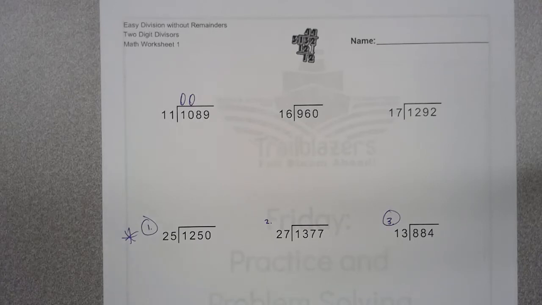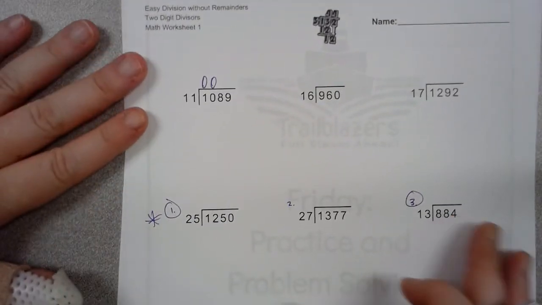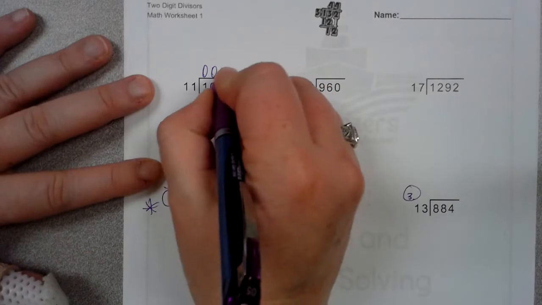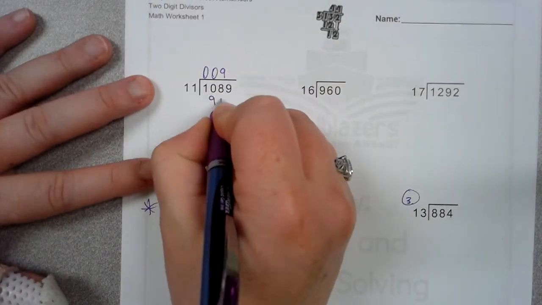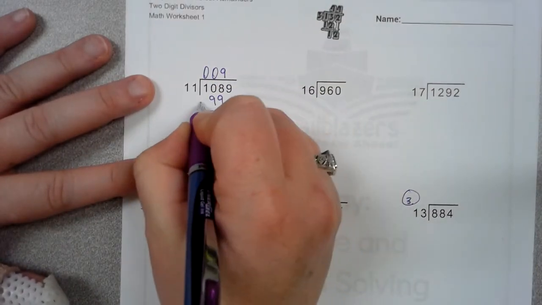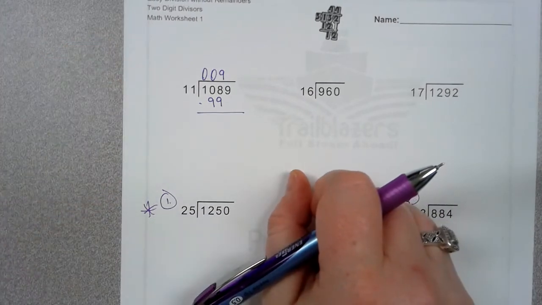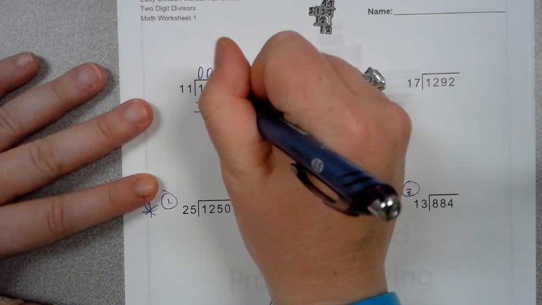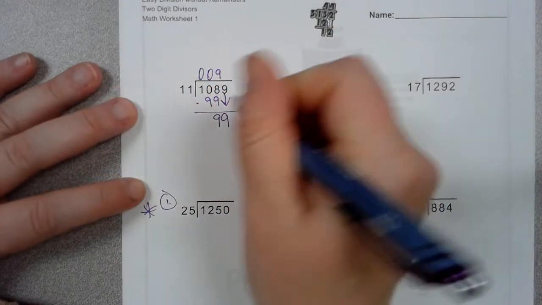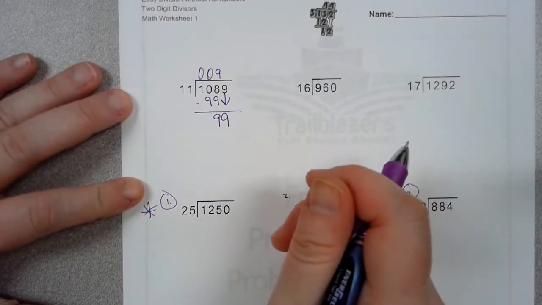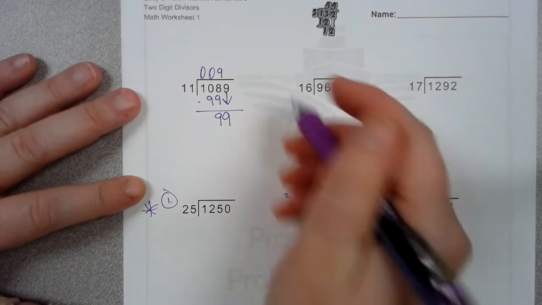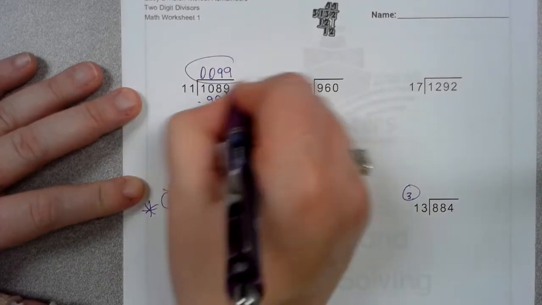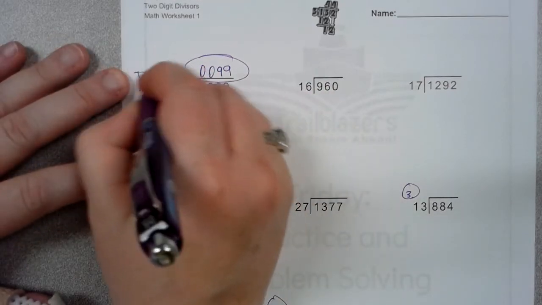So that's too big. So 11 times 9 is 99. So 99 from 108 is 9. Drop the 9. And we already know how many times 11 will go into 99. 9 times. So your answer is 99.